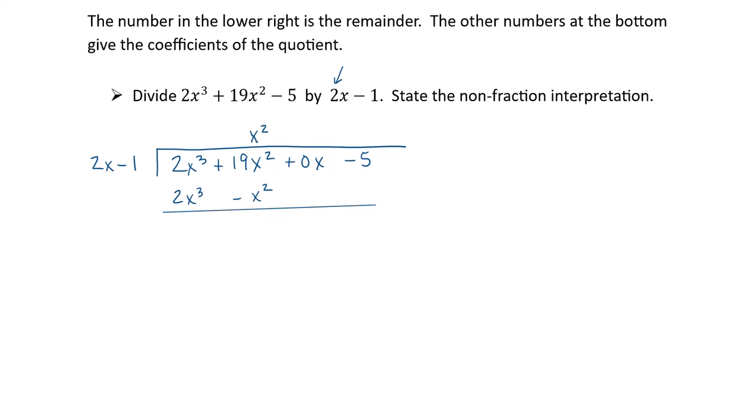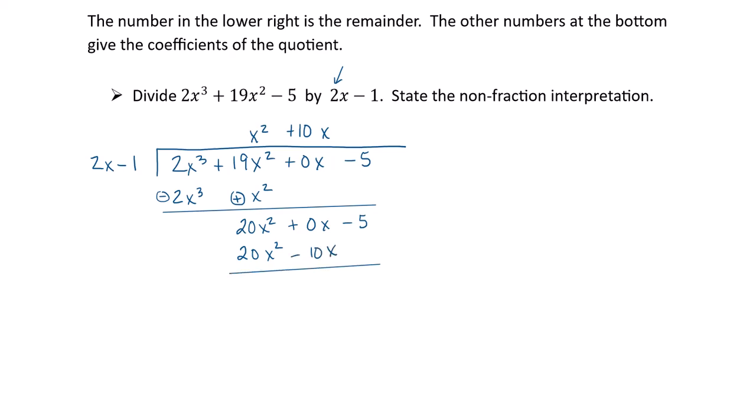We draw our line, change our signs, and add down. 2x cubed minus 2x cubed is gone. I have a 19x squared plus x squared is 20x squared plus my 0x minus 5, and I divide again. 20x squared divided by 2x is going to be 10x. 10x times all of 2x minus 1 is 20x squared minus 10x.